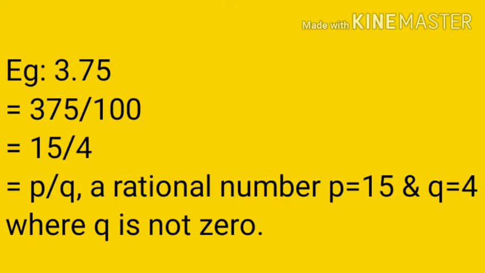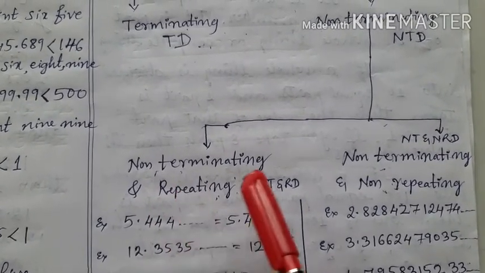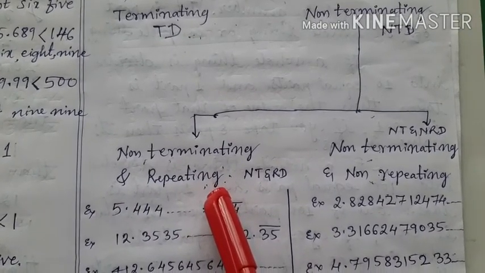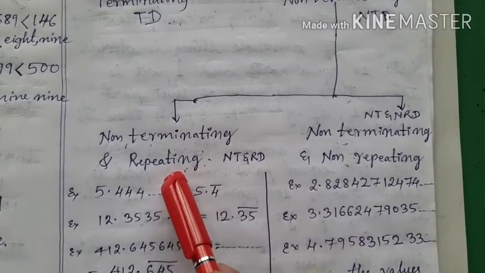Now, did you learn, children, why the terminating decimals are called rational numbers? Because they can be converted into the form of p by q. Every non-terminating and repeating decimal number is a rational number.